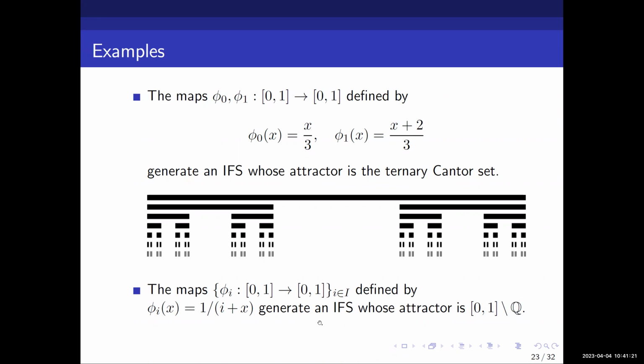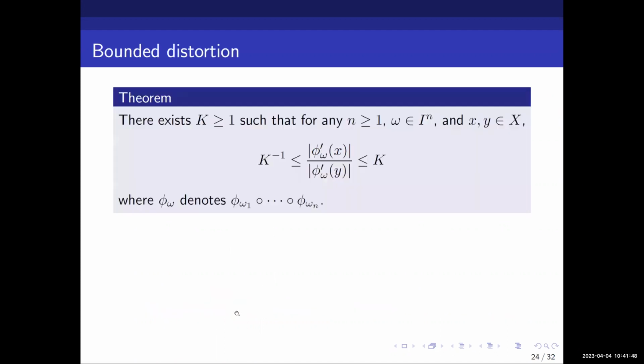So this isn't hard to believe if you just think about composing these maps. If you composed a bunch of these maps, you'd just be generating a continued fraction, right? And it's not hard to see that you get all infinite continued fractions this way, and every irrational number has an infinite continued fraction, right?